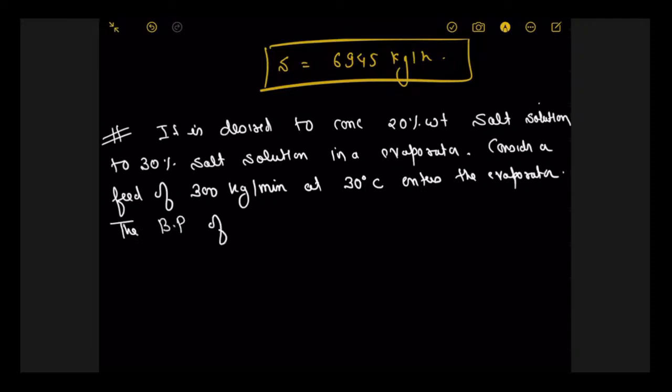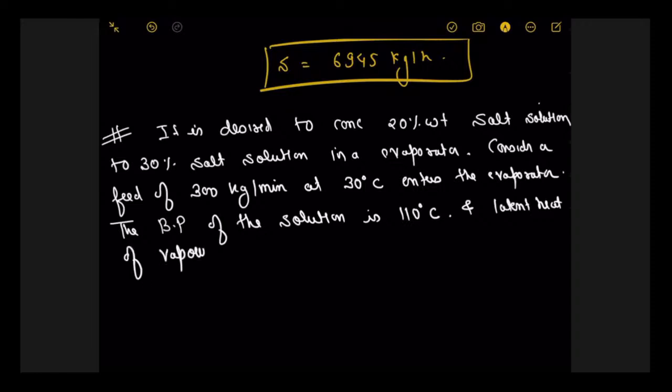The boiling point of the solution is 110 degrees centigrade and latent heat of vaporization is 2100 kilojoule per kg.